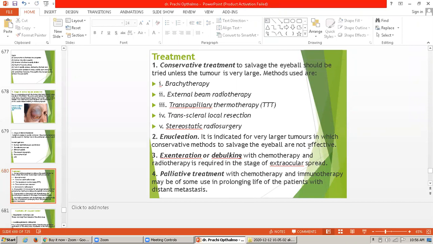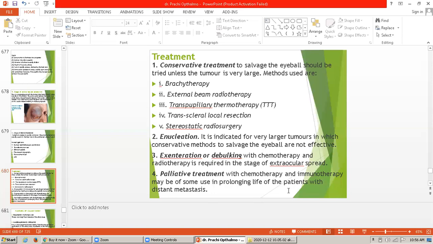Third is exenteration or debulking with chemotherapy and radiotherapy, which is required in the stage of extraocular spread. Palliative treatment with chemotherapy and immunotherapy may be of some use in prolonging the life of a patient with distant metastasis.